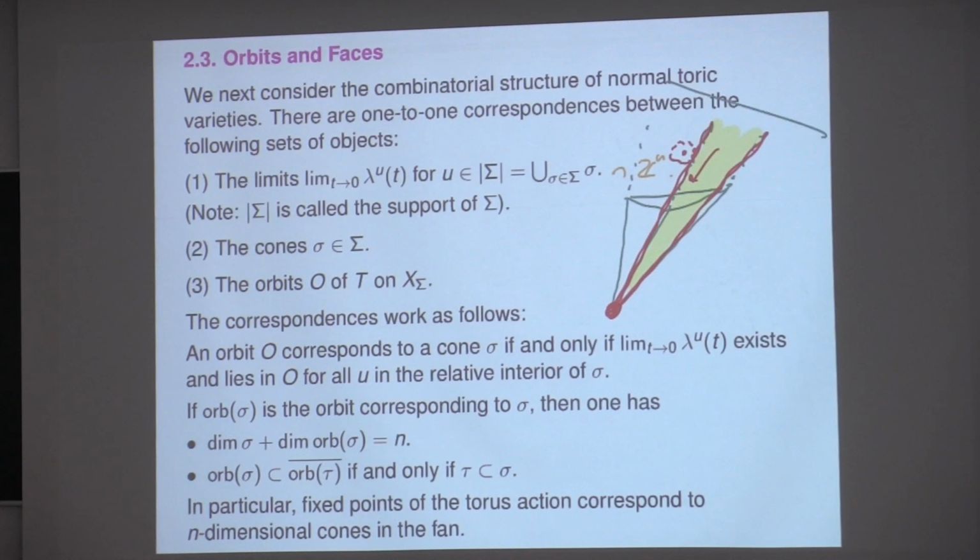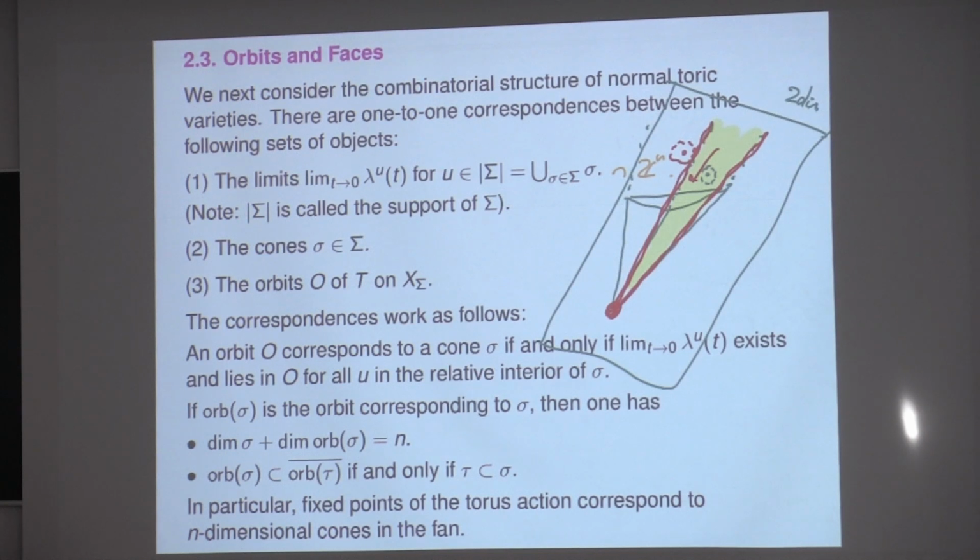Like if you think of a hyperplane where this lives, look at the span of that one, actually the linear span of that one. In that one I can have a two-dimensional ball over here, so that's called the relative interior.